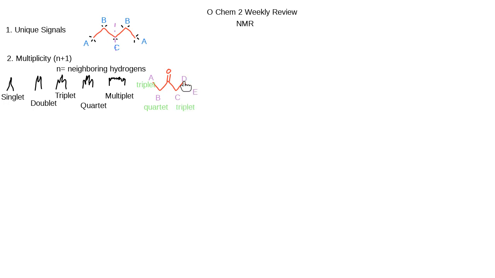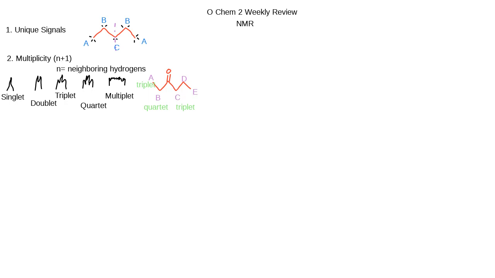And D is where it gets slightly complicated because now it's neighboring not only C, but it's also neighboring E. So it's neighboring on both sides. So we have to add the total number of hydrogens it's neighboring. So it's neighboring 2 from C and 3 from E. So together that makes 5, and then 5 plus 1 equals 6.